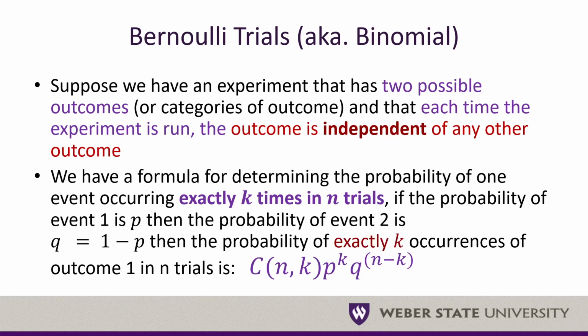But we have a probability formula for determining exactly some number of outcomes if I have a given number of trials. So if I go out into Salt Lake City and I grab 100 people off the street, what's the likelihood of getting 25 of them who are declared independents? That would be a question we could answer with this.